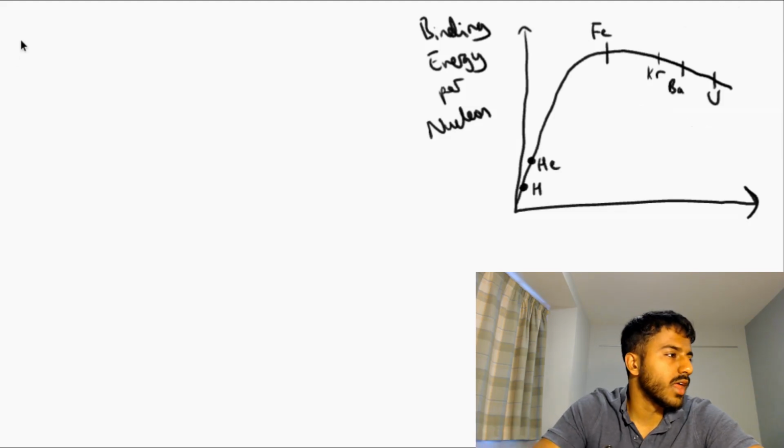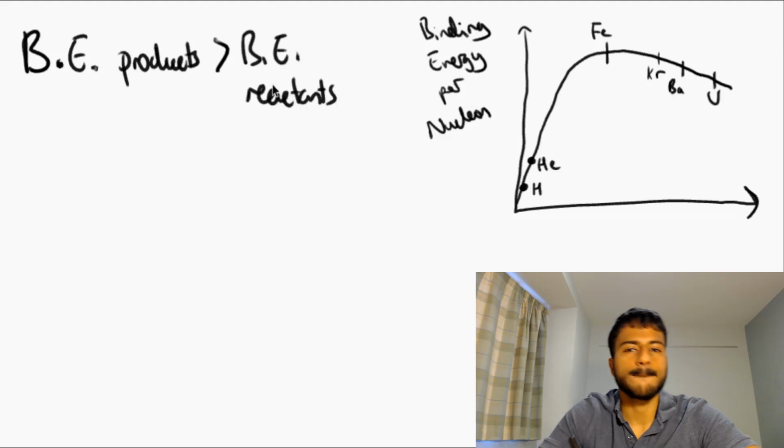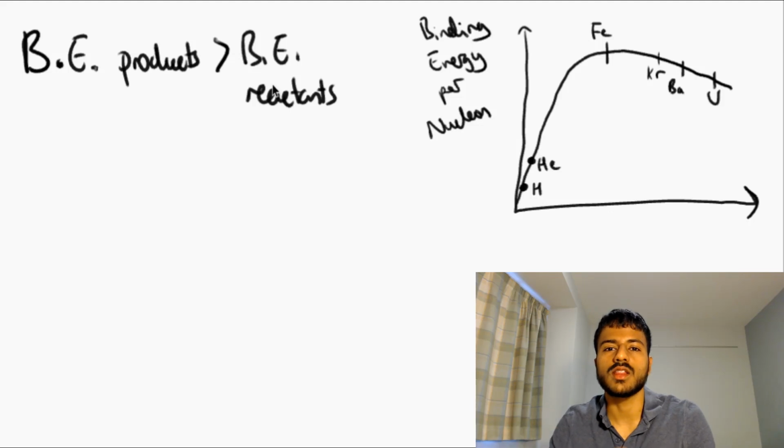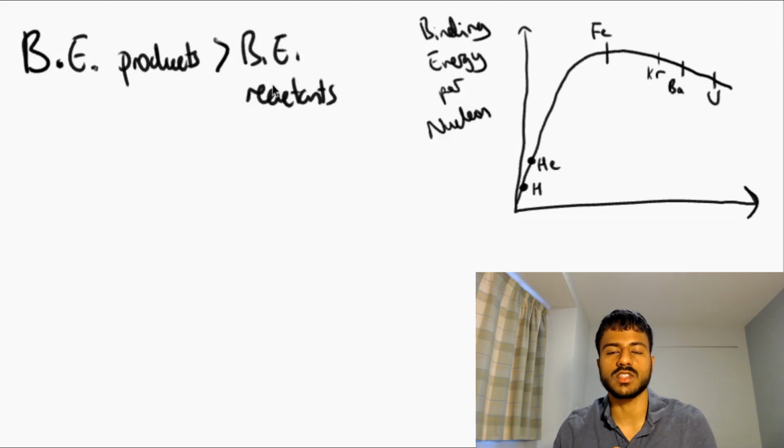Now we know that for any reaction, the binding energy of your products must be greater than the binding energy of your reactants. Now, this is the only way that you can end up releasing energy. Otherwise, you'd need to put energy into the system in order for a reaction to take place.